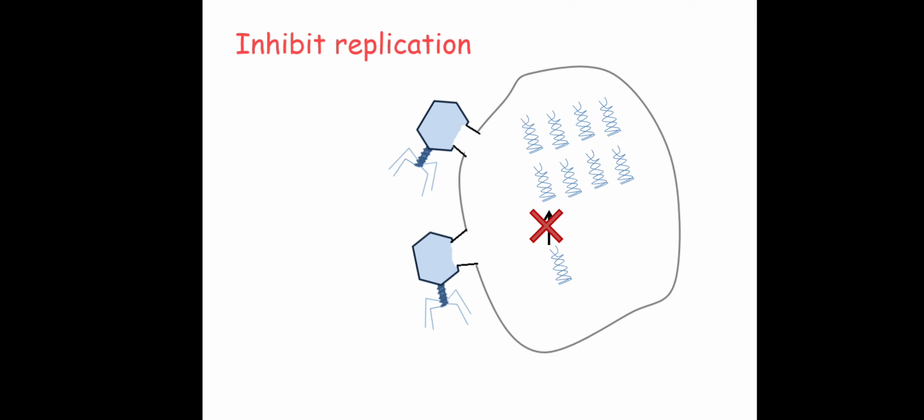The fourth option by which we can inhibit viruses: the next step was, once RNA has been converted into DNA, what happens next? Replication. Many DNA copies were produced, isn't it? So our next way to inhibit viral multiplication is by inhibiting this replication of DNA. We should inhibit replication.